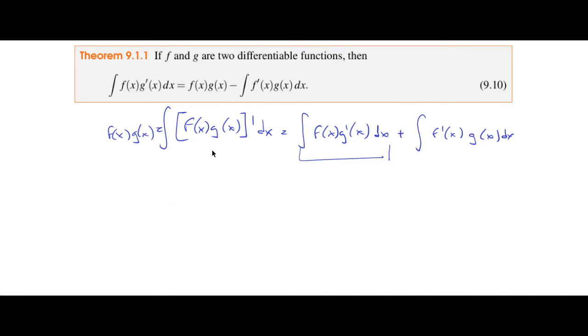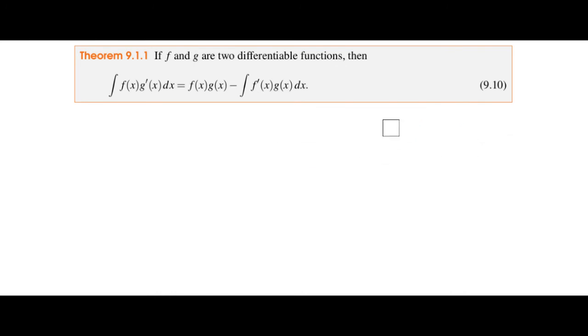Now you just need to solve for this, so take that term to the other side and you get the original formula. Most of you, if you have seen this before, will typically have seen it like this: the primitive of u times dv, where dv is this, is u times v minus the integral of v du. There are a lot of mnemonic rules to remember this.